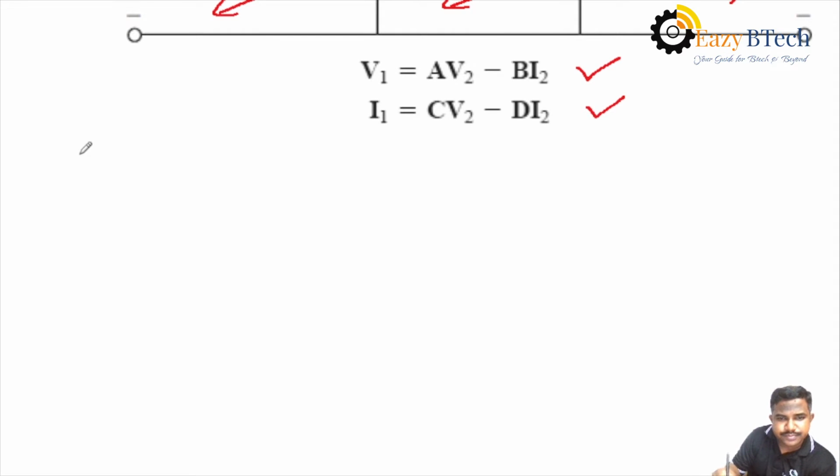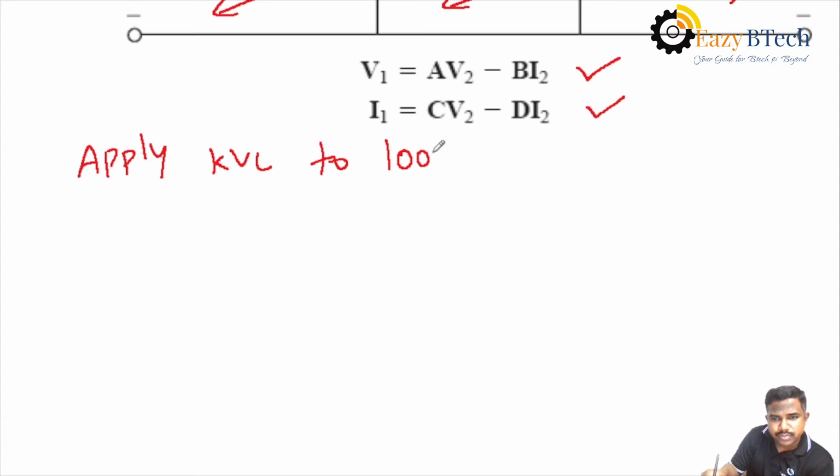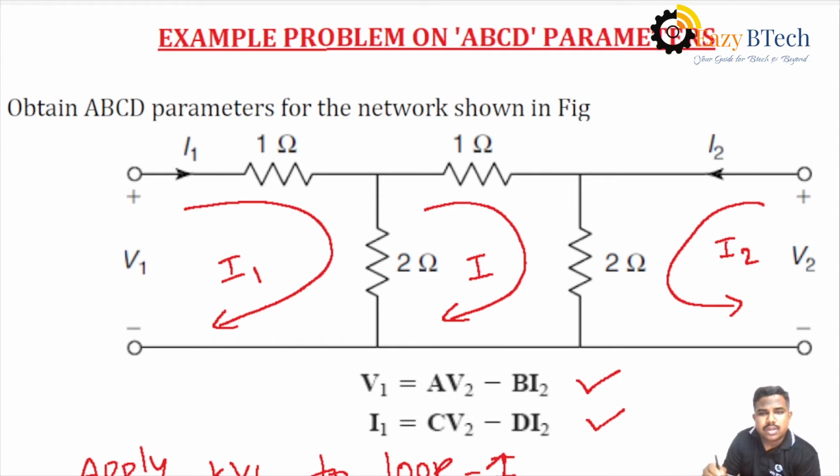Apply KVL to loop 1, that is the first loop. In the first loop, the I1 current is passing through 1 ohm and 2 ohms, but the 2 ohms is the mutual element, that is, I1 and I both are passing.